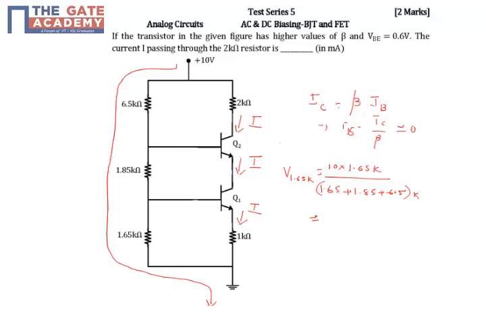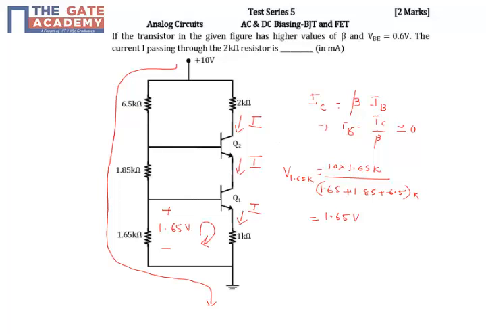So if you simplify this, you will get 1.65 volts. So this is plus, this is minus, this is 1.65 volts.